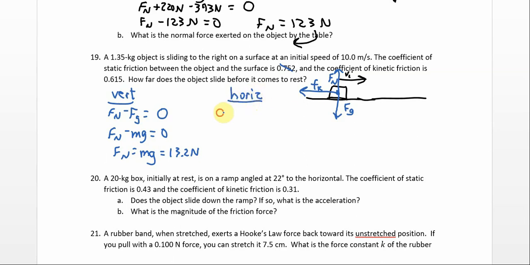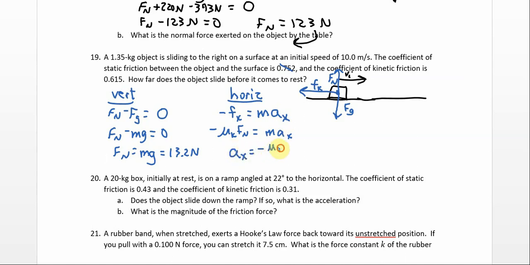Now horizontally, we only have kinetic friction, so that's the net force horizontally. And that will equal my horizontal acceleration times m. Now we have a formula for kinetic friction. It is mu k Fn. Okay, so I can solve for a_x.